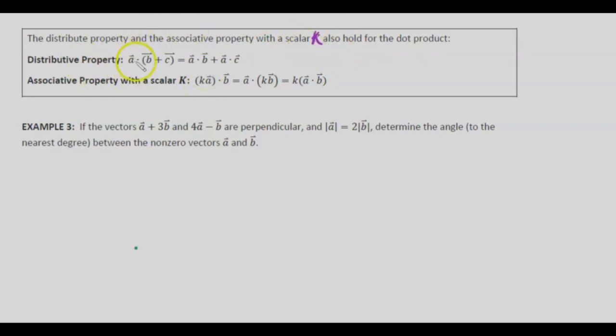So for the distributive property, if we had vector A dot vector B plus vector C, this is going to yield the same result as vector A dot vector B plus vector A dot vector C. Now the associative property with a scalar k: k times vector A dot vector B is the same thing as A dot k times vector B, or k times A dot B. It doesn't matter what order you multiply these in, it's still going to yield the same result.